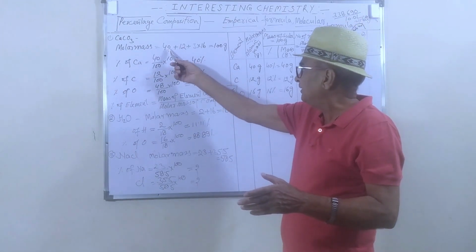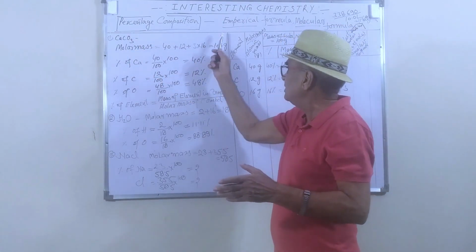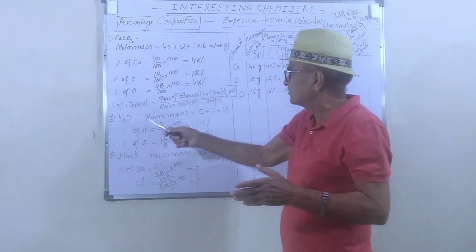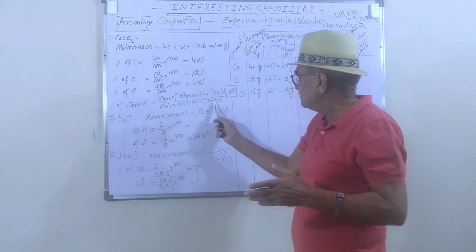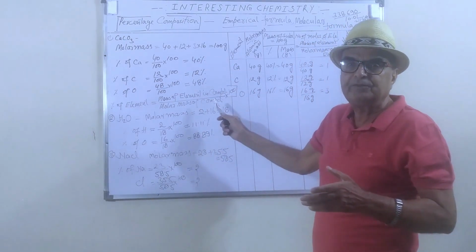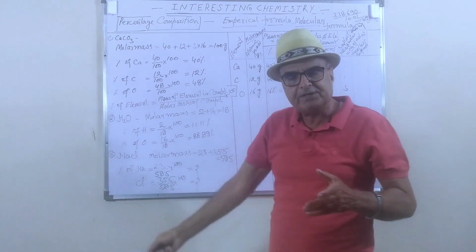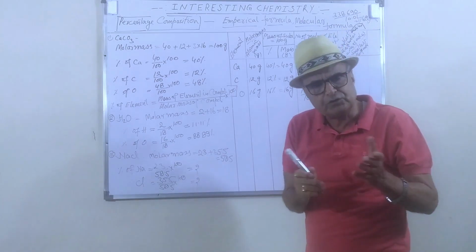So here 40 gram is the mass of calcium in this 100 gram molar mass. So it's very simple.